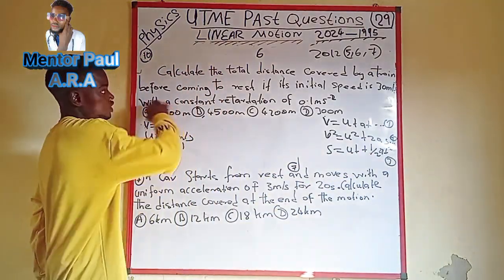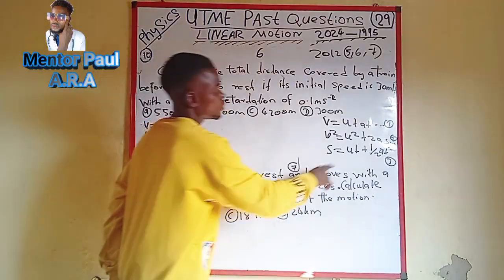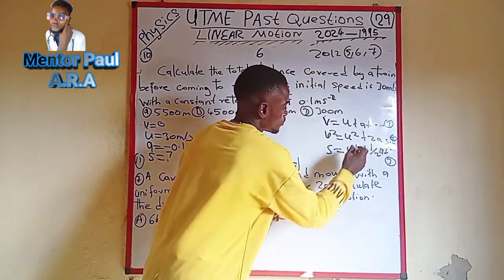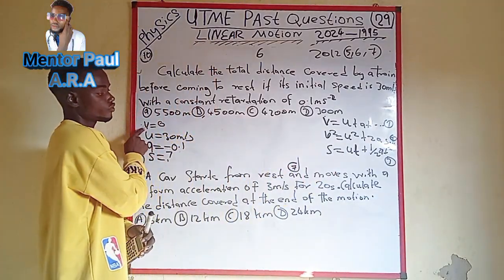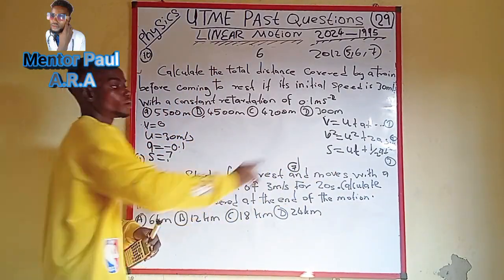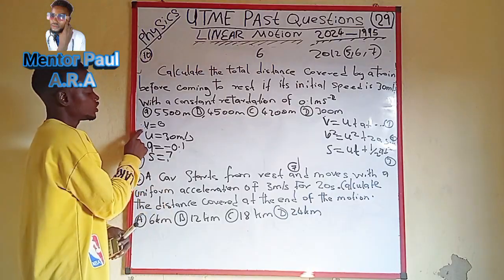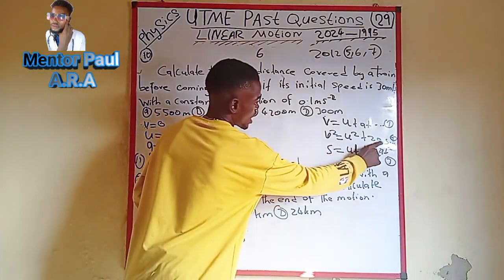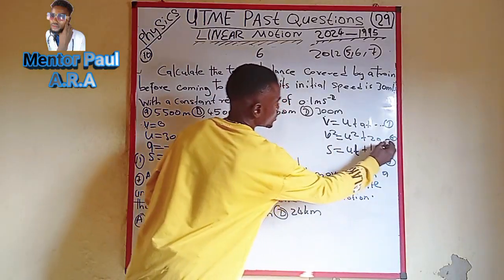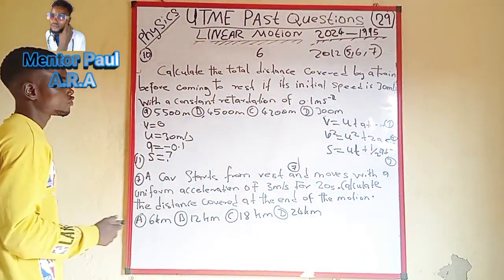So because we don't have t in what we are looking for, we're not going to make use of these expressions that have t. And again, this expression doesn't have the final velocity. But this expression here has v, u, a, and also s, which is the distance. So I'm going to make use of it.